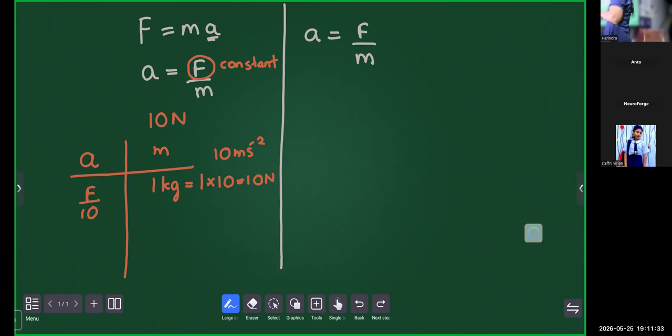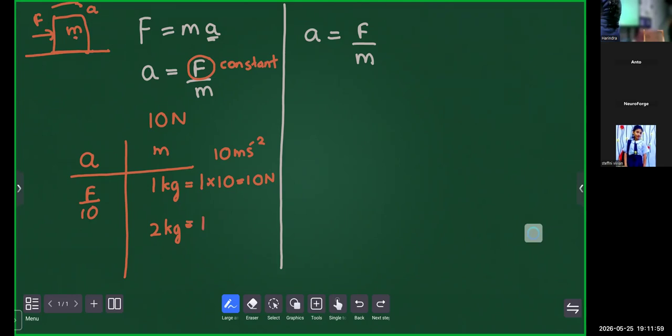Now we apply 2 kilograms here. This is the object and this is the surface. The mass is here. Acceleration is A and applied force is F. Now we increase the size of this mass to 2 kilograms.